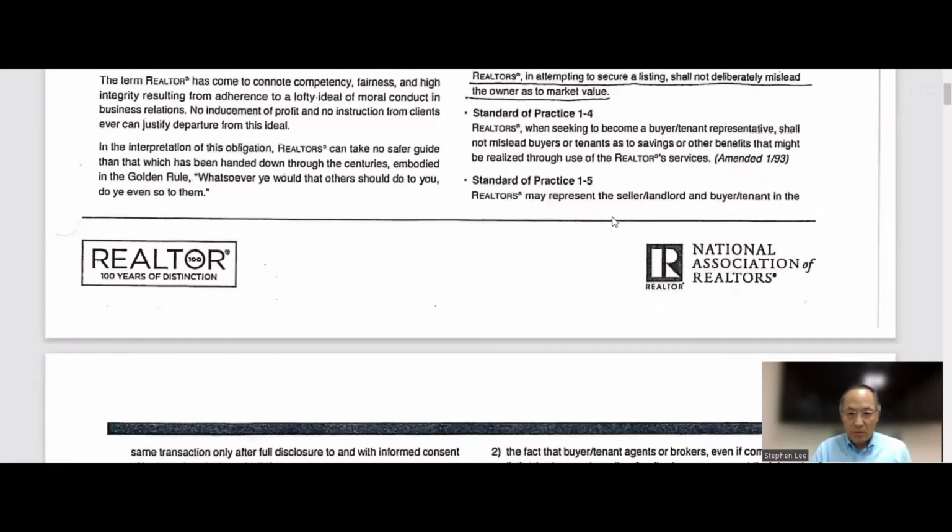When you try to set up the buyer agency relationship, the buyer agent cannot mislead about the savings and other benefits.